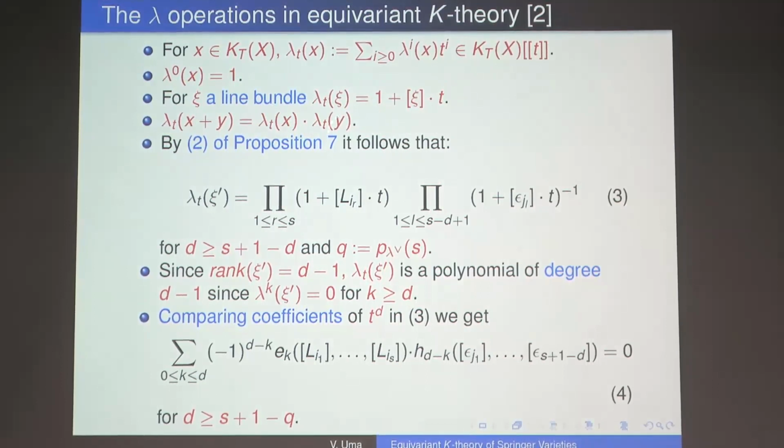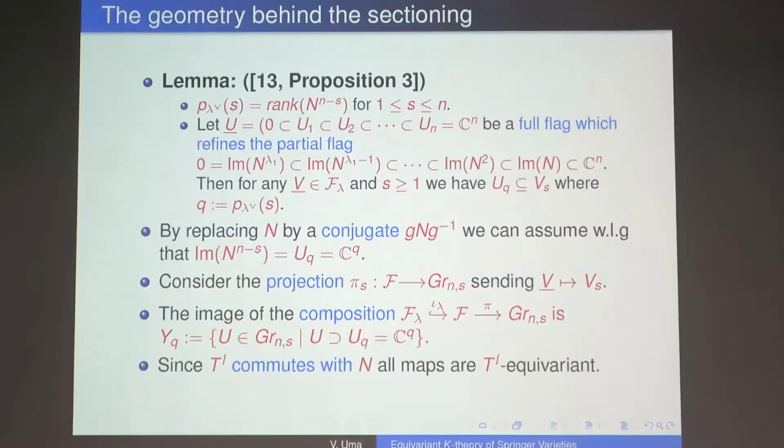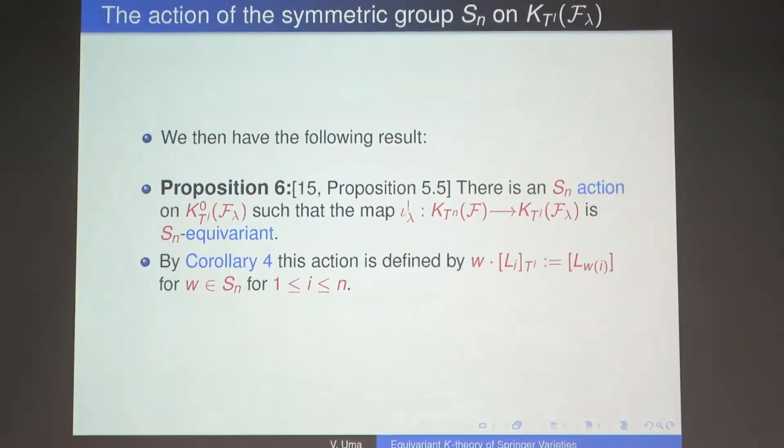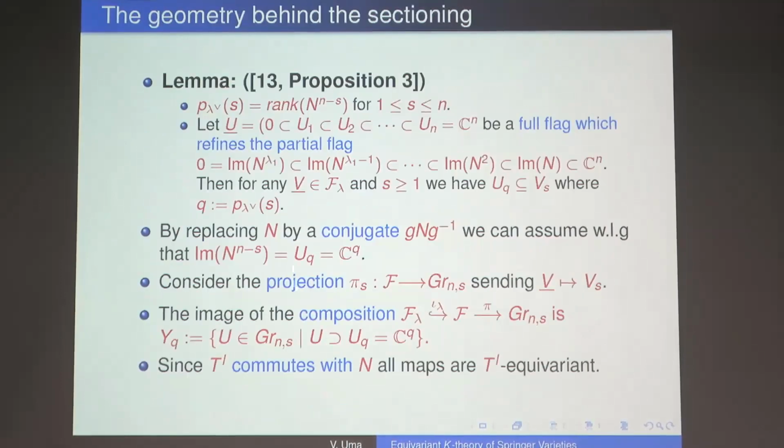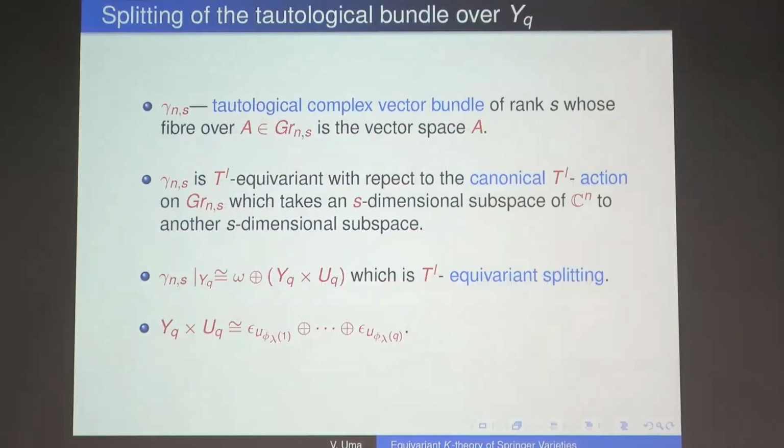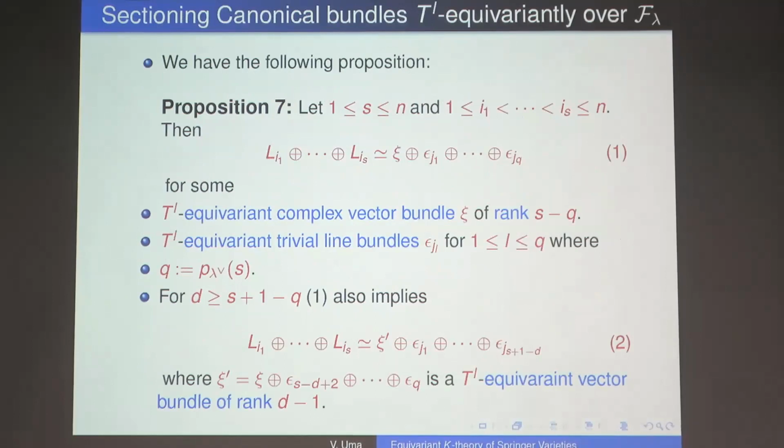And now we recall that we gave a splitting of the vector bundle in the proposition, here. Because of this splitting, we can now apply the lambda_t operation, because it splits off so many trivial vector bundles.